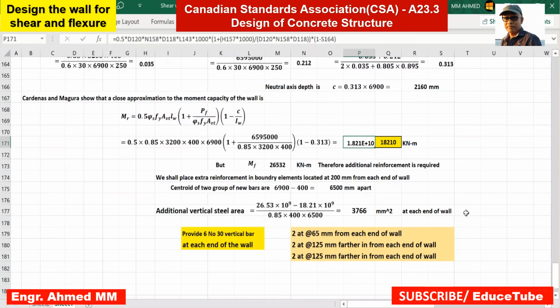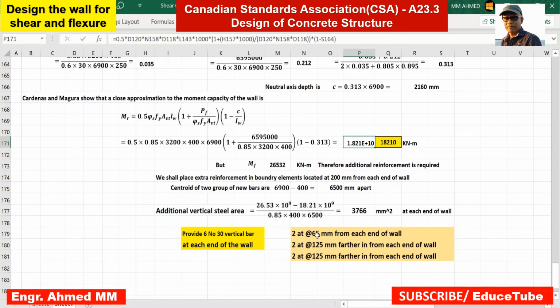So what we will do, this reinforcement will be provided as 6 number 30 vertical bars at each end of the wall. It will be on both ends of the wall. 6 number 30 vertical bars. What we will do, 2 at 65 millimeter, 2 at 125 further in from each end of the wall.